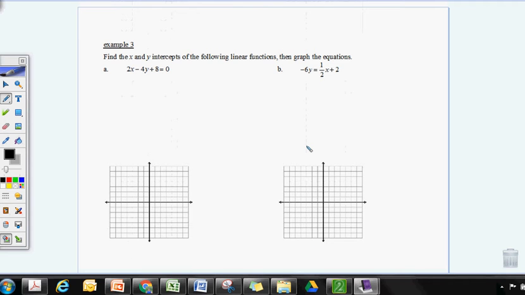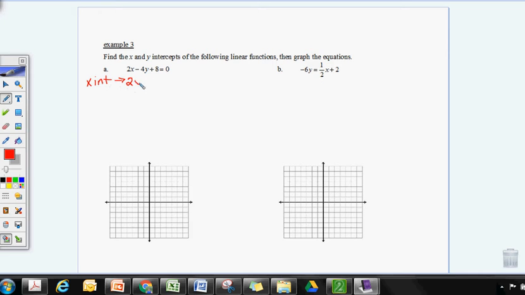Okay, so I am going to show you mathematically the x-intercept. I'm going to do this in red, and I'm labeling it. I technically am going to let y equal 0.